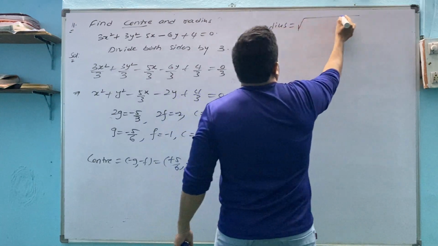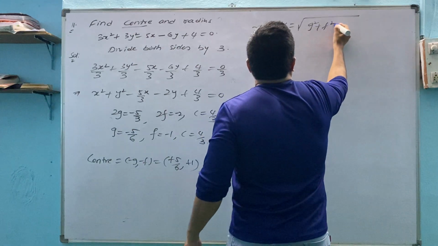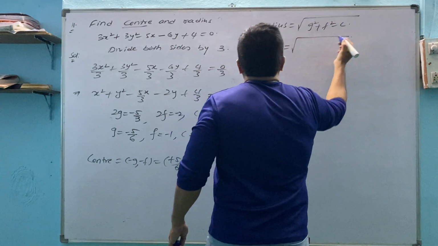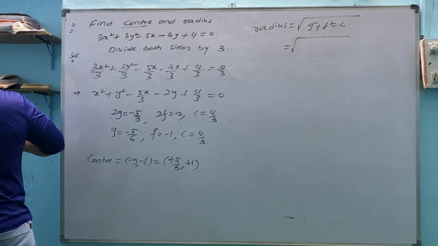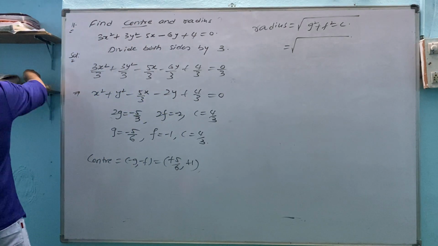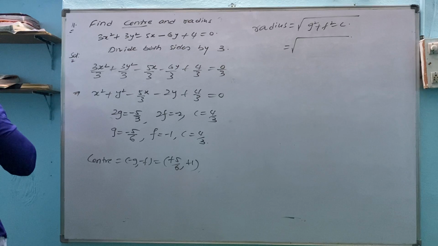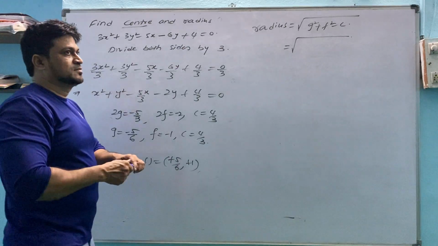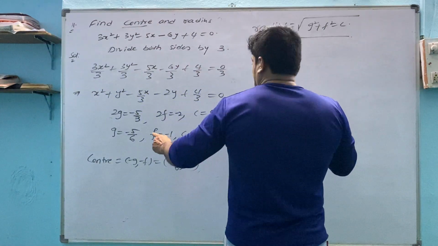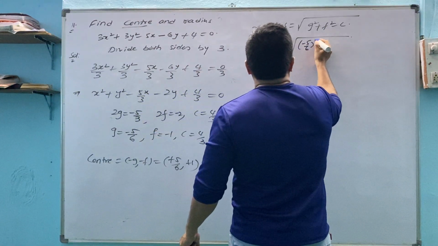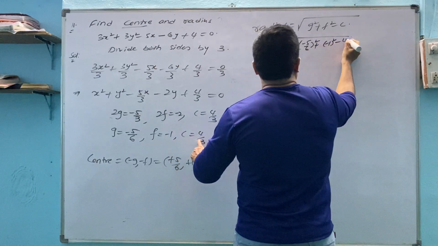Radius equals root over g square plus f square minus c. So root over g square is minus 5 by 6 whole square, f square is minus 1 square, minus c, 4 by 3.